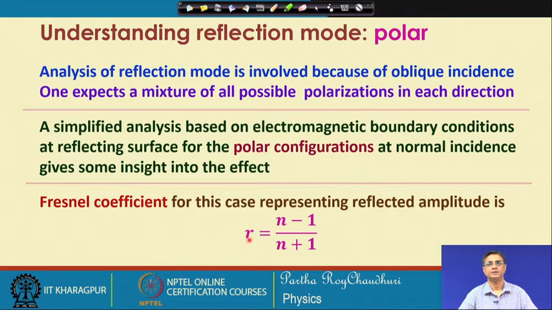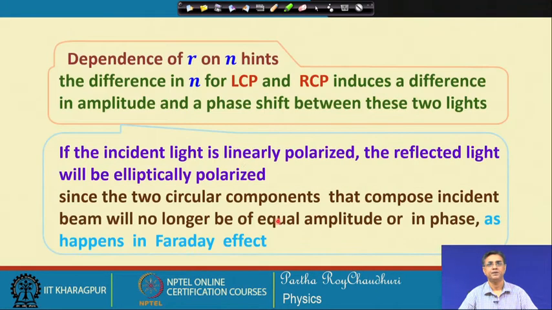This reflection coefficient depends on n, which hints that the value of n differs for LCP and RCP, because LCP and RCP are again composed of polarizations, and as a result there will be a difference in amplitude and phase shift between the two. If the incident light is linearly polarized, the reflected light will be elliptically polarized because of the difference in amplitude and also phase, since the two circular components that compose the incident beam will no longer be of equal amplitude after reflection.